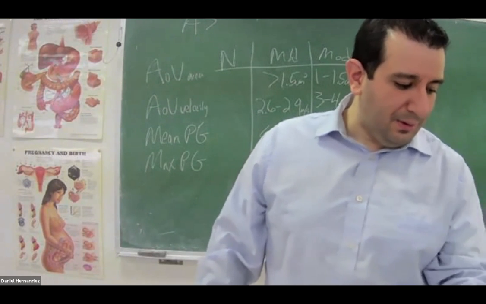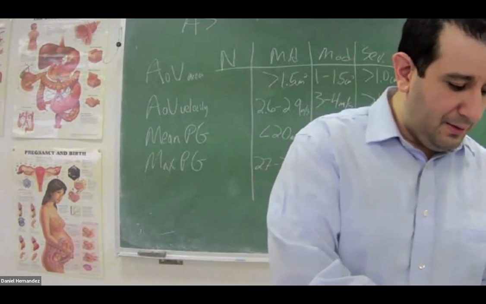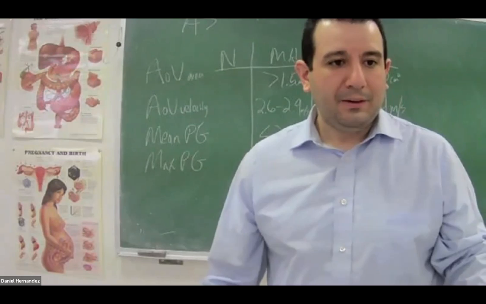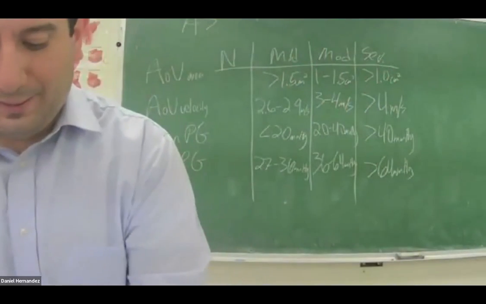You guys remember the three criteria that you need for performing the continuity equation, the three things you're going to calculate? The LVOT VTI and the area, and then the VTI past the aortic valve.